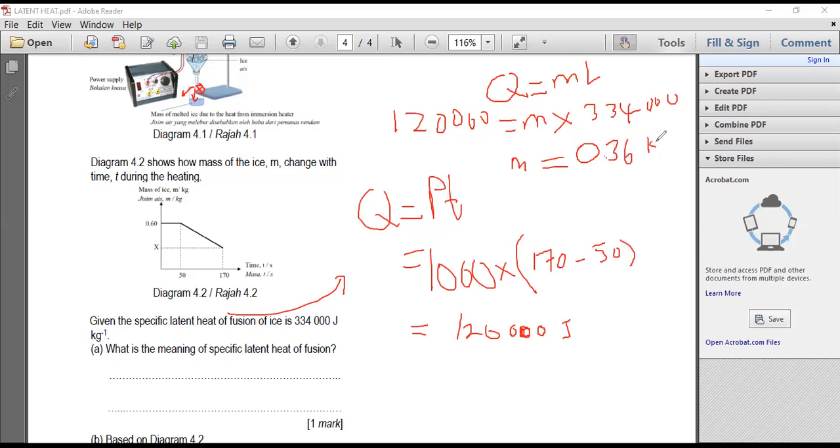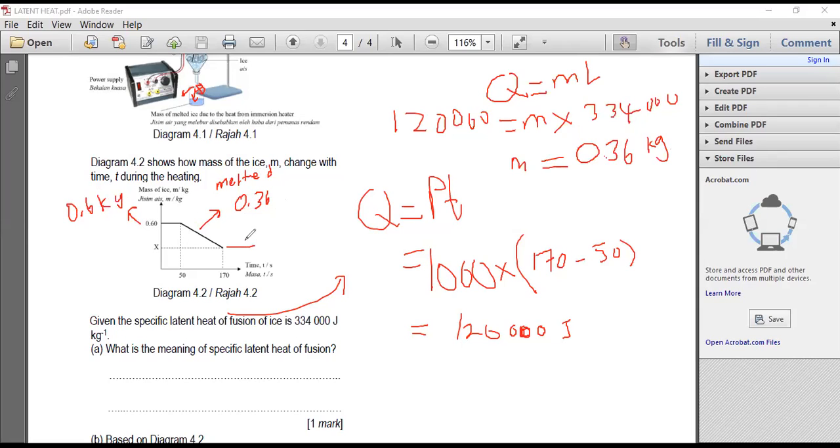So 0.36 kg. What happened is, first you have 0.6 kg, which is the initial mass of the ice. Based on the calculation just now, 0.36 has melted.